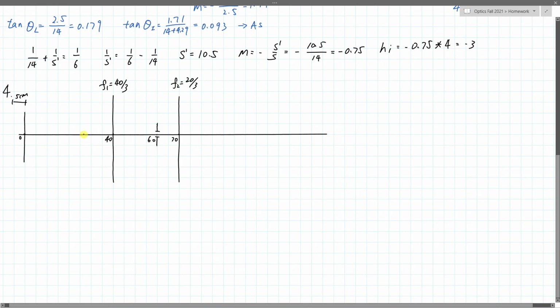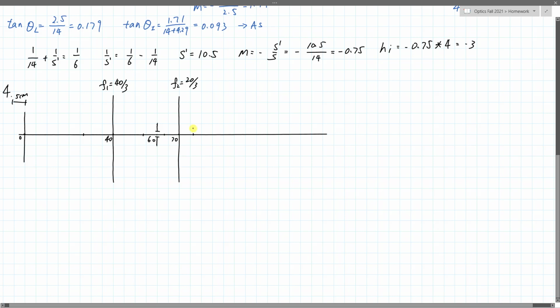So maybe roughly here, and 20/3, so 6.7. So this 5, maybe it's here.